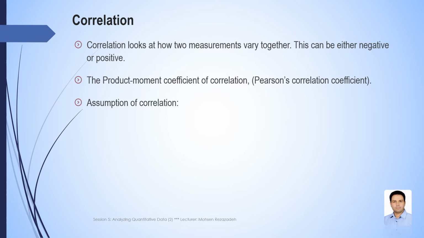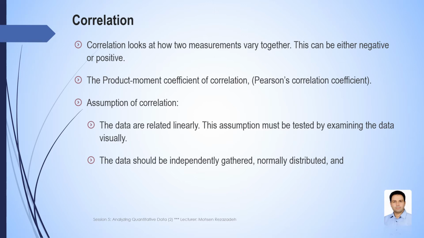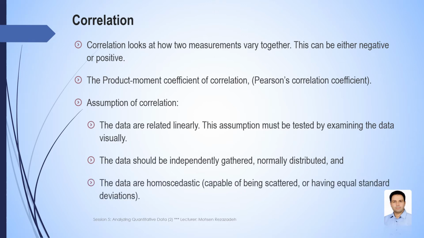Correlation has a set of assumptions. One of them is this: the data are related linearly. The assumption must be tested by examining the data visually. That is, we use the scatter diagram to check this assumption. The next one is that the data should be independently gathered, normally distributed.